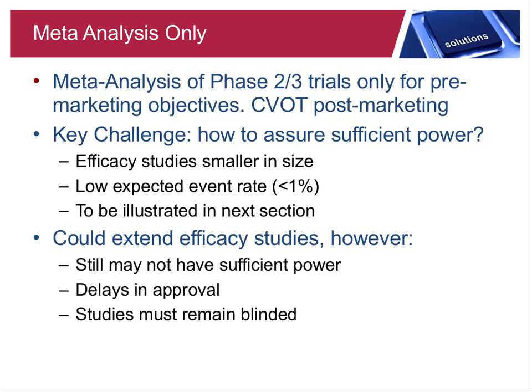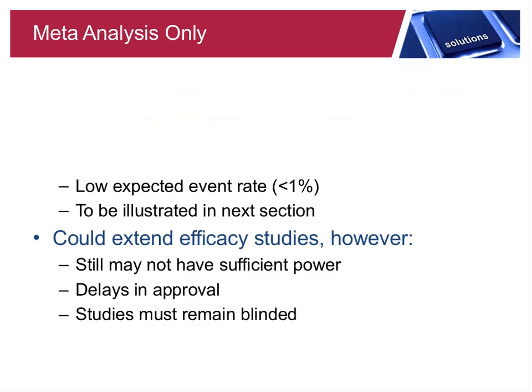You can consider extending efficacy studies to collect more MACE events, but you still may not have sufficient power. And as I said, you may be delaying your approval by doing so. So there are some issues there that one needs to consider very strongly before taking this kind of approach.